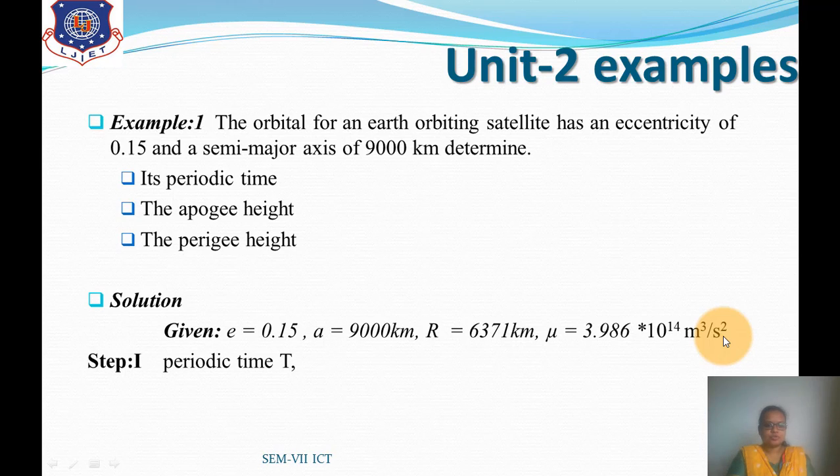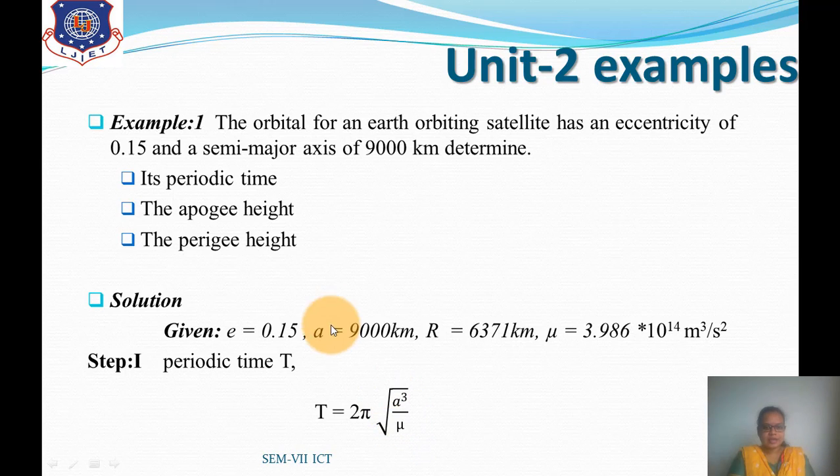First, to find the periodic time, capital T, we use Kepler's third law of planetary motion. It says that periodic time T is equal to 2 pi under root a cube by mu.